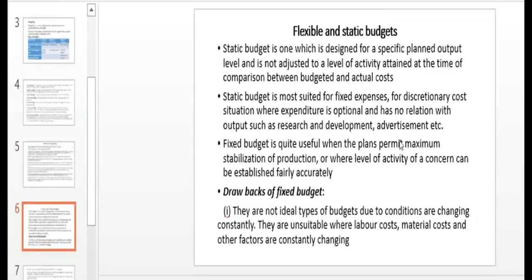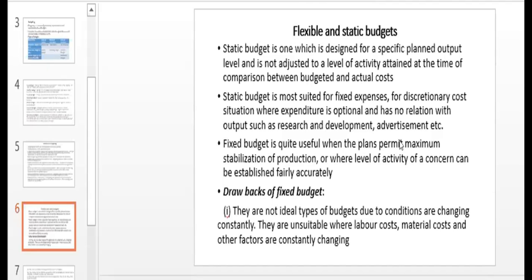Now, let me talk about flexible and static budgets, or flexible and fixed budgets. Now, from our discussion, we see flexible budgets are the short-term budgets in one way or the other. And static budgets are the long-term budgets. Like, for example, the capital budgets, those are fixed budgets.